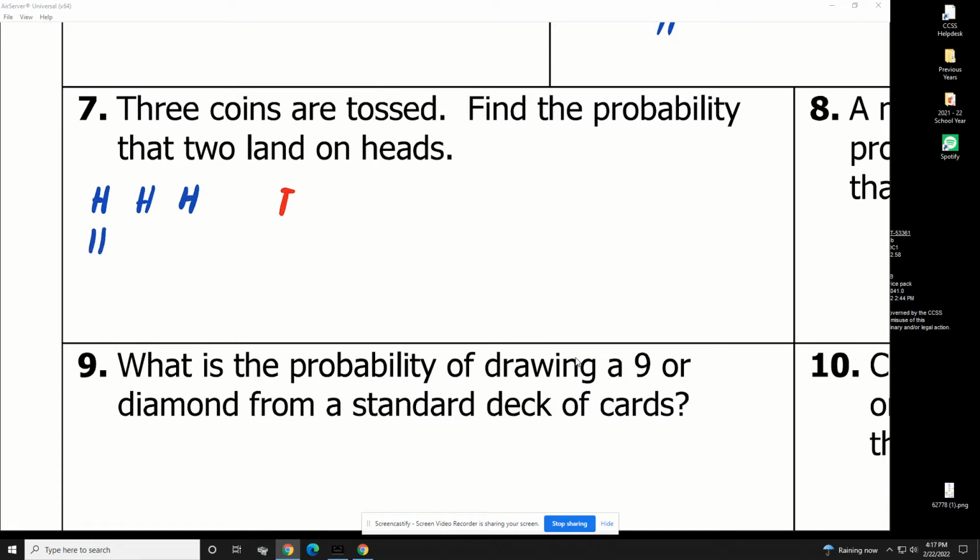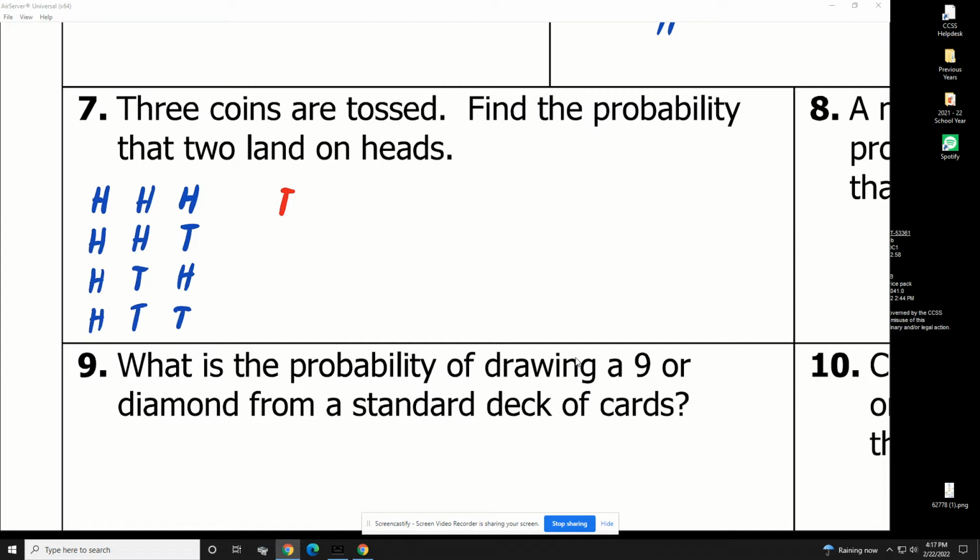You could keep that first one again, and you could keep this second one but make the third one tails. But also, if the first one was heads, you had 2 options for your second one to be heads. The other 2 options are for both of them to be tails. Well, that's where one of them would be heads and one of them would be tails. So that's it. You have 4 possibilities.